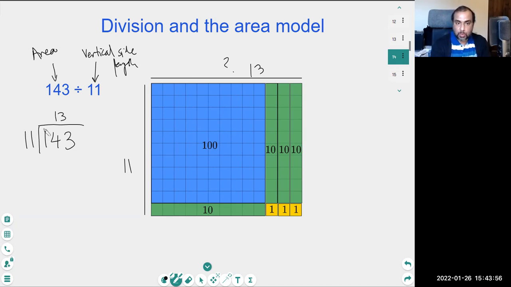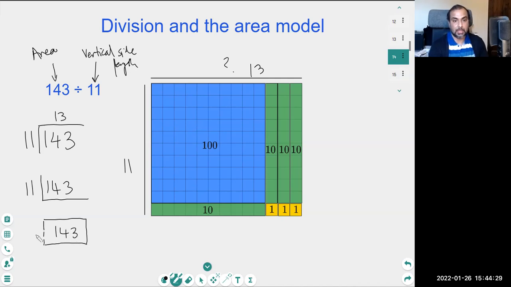And the really interesting thing about this symbol is that in some countries, I had a student from Qatar, for example, who used this for the division symbol. So she would have put 143, 11, and then done it all in that downwards direction. So the division symbol can be like that, it can also be like this. But all of these division symbols are a variant of a box that says the area is 143 and this side length is 11.